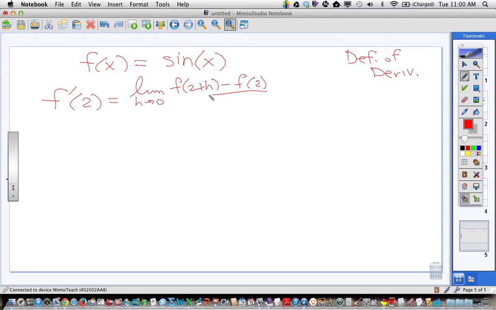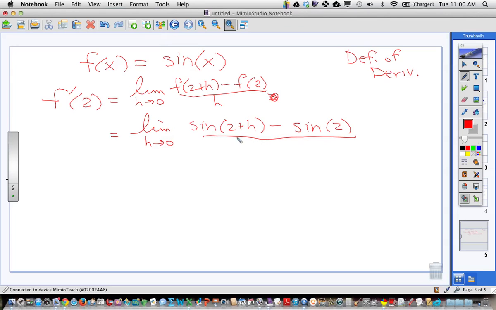Just using our definition. So I give you the function sine of x. And so what's f of 2 plus h? Sine of 2 plus h. Minus, what's f of 2? Sine of 2. All over h.